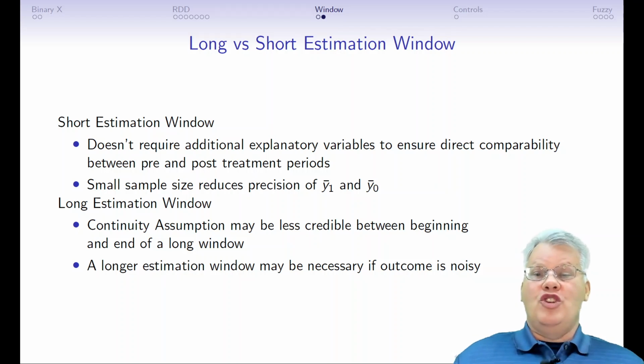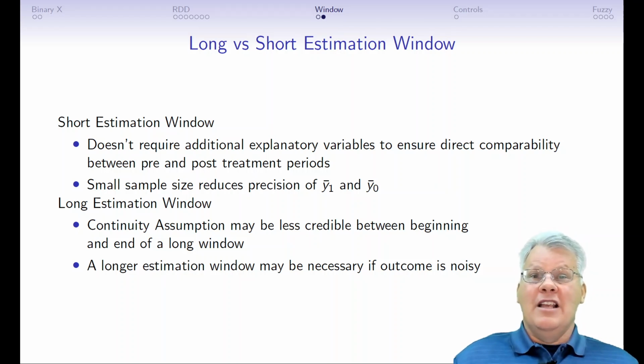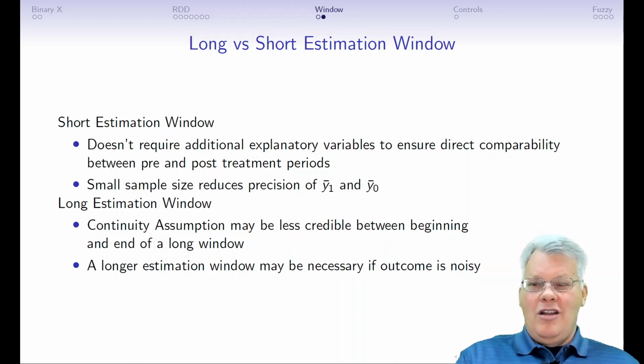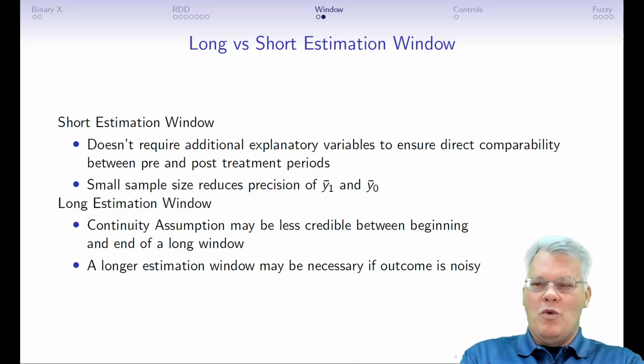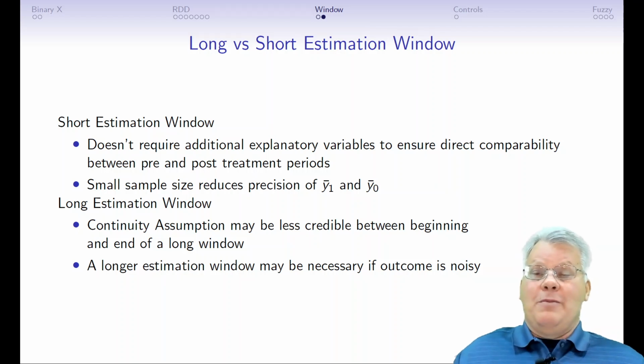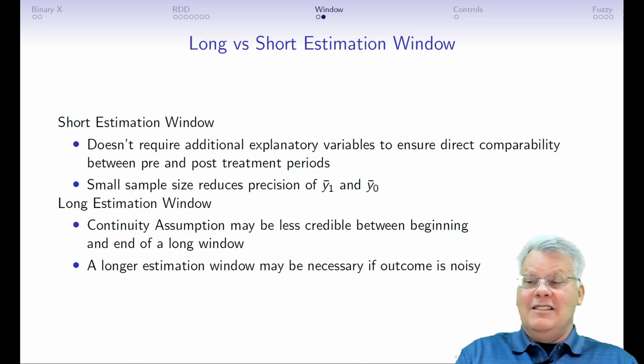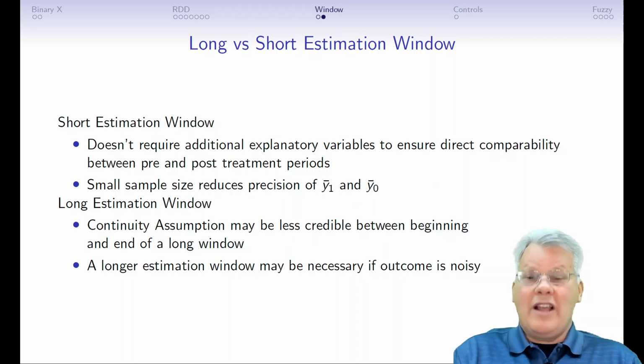The virtues of a short estimation window is we don't require additional explanatory variables to ensure direct comparability. We can literally compare the average GPA of people who turn 21 right before final exams with those who turn 21 right after final exams, and we don't need any more explanatory variables because these two groups are directly comparable.